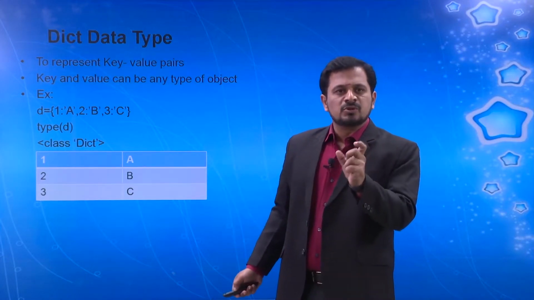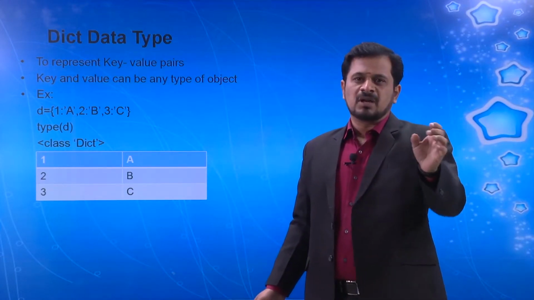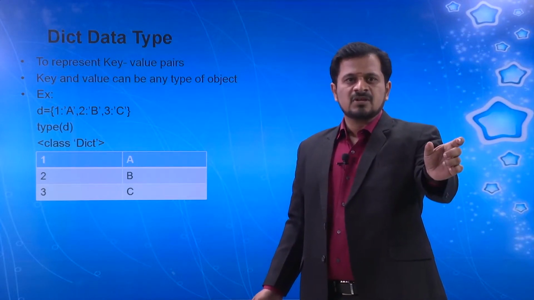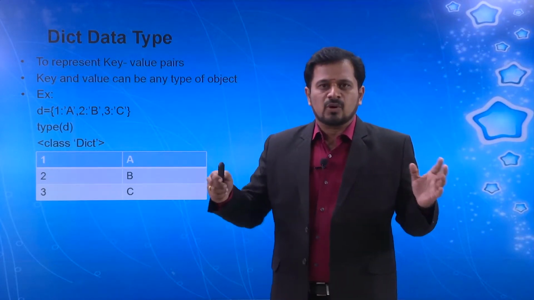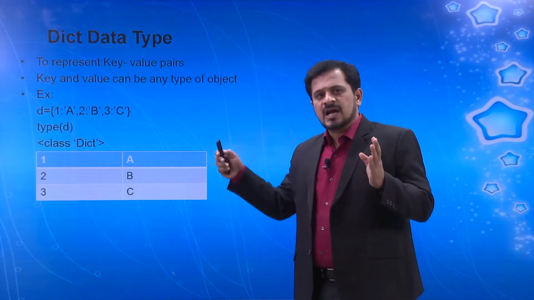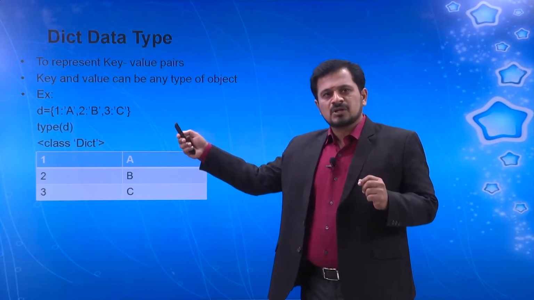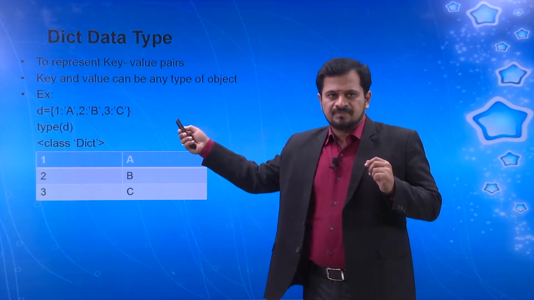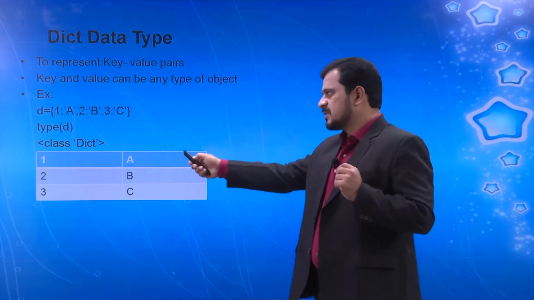The names are assigned to that particular roll number or employee ID. If you want to create that kind of database, in those situations and scenarios, it is highly recommended to use the dictionary data type. Now, we are going to see one example with the program.